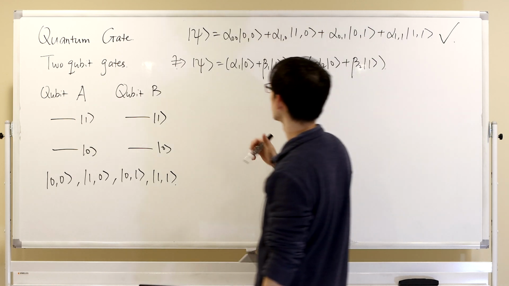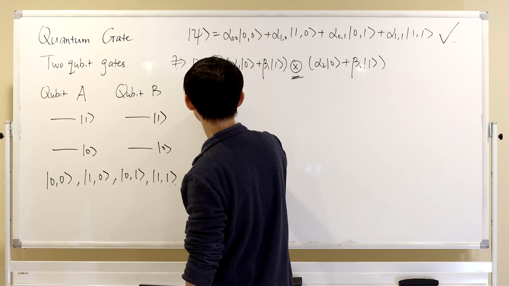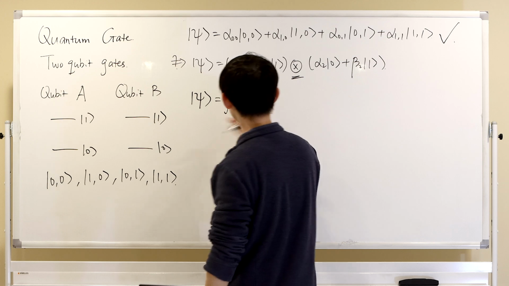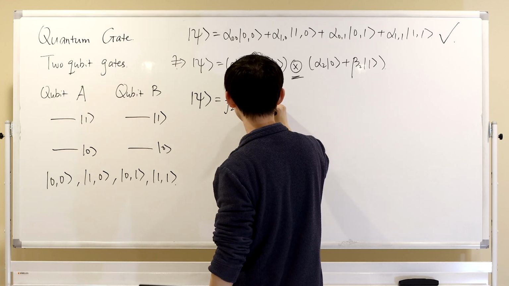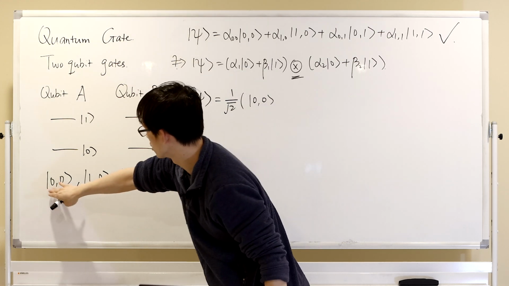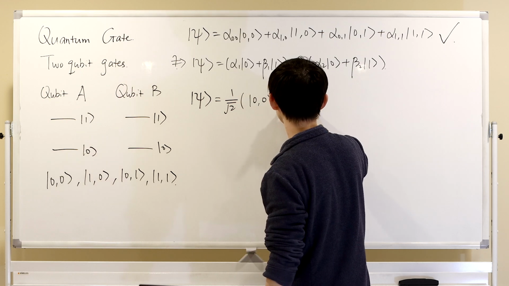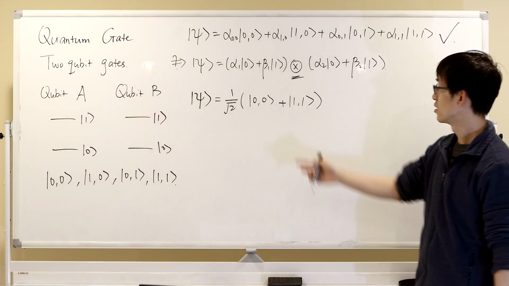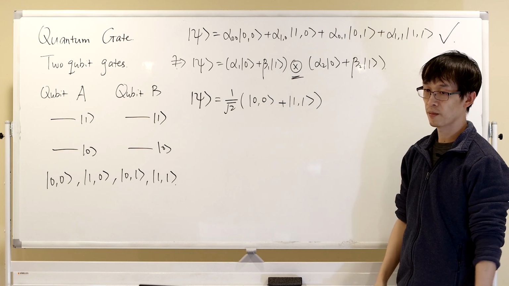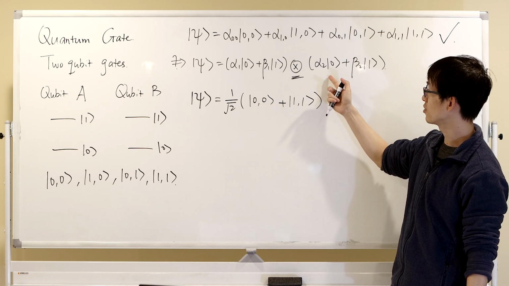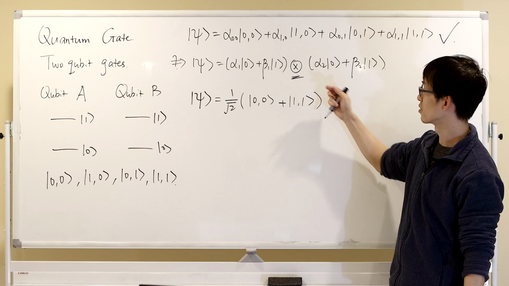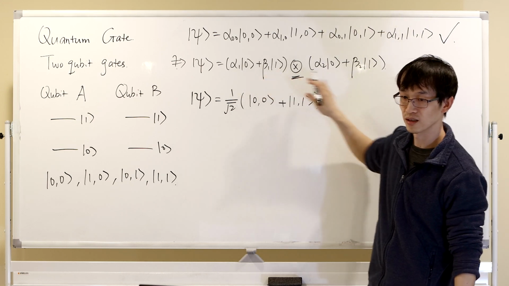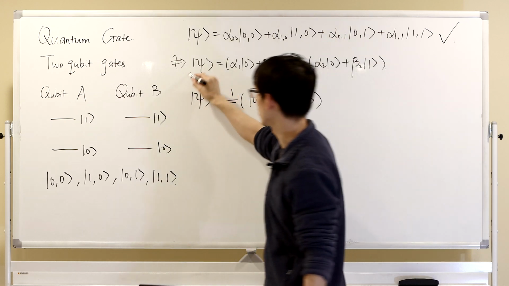I will write down a state for you. For example, if your state is in a superposition between the 0,0 state and the 1,1 state, you can try to express this with individual qubits.